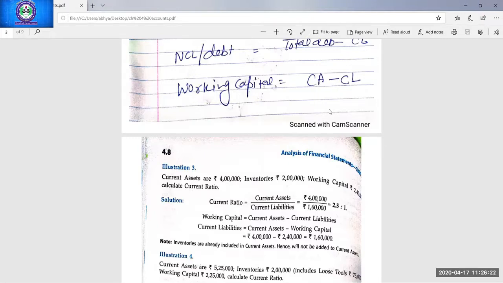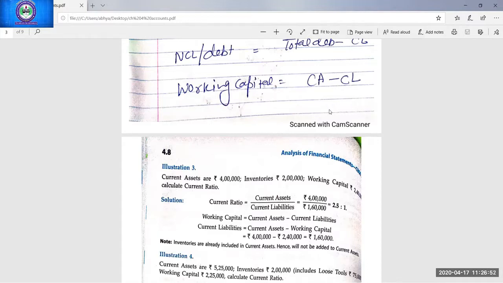Now here inventory is given, but that is an extra item and we need not do anything with it, because when we have considered current assets, it is a whole concept. All the subheads of current assets are already included in it. There is no need to include any subhead individually when the total of current assets or current liabilities is given.